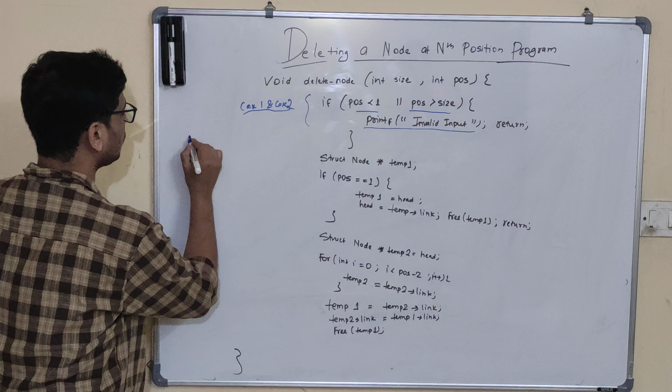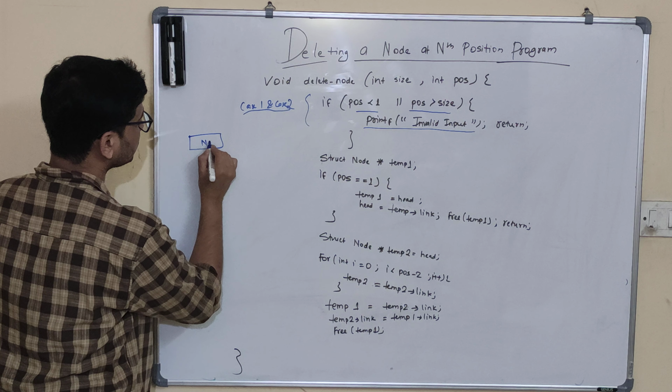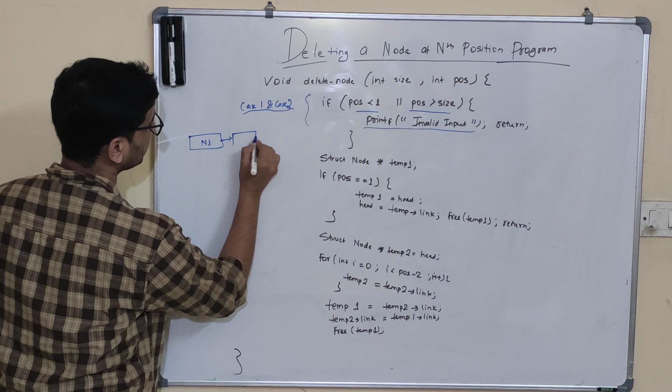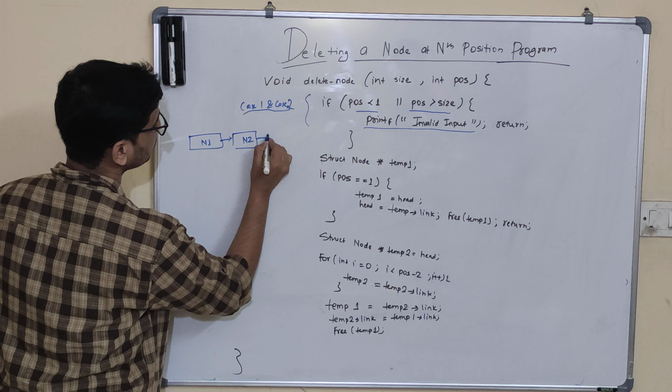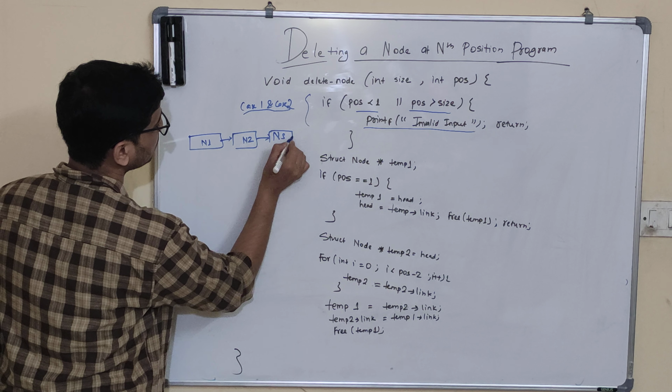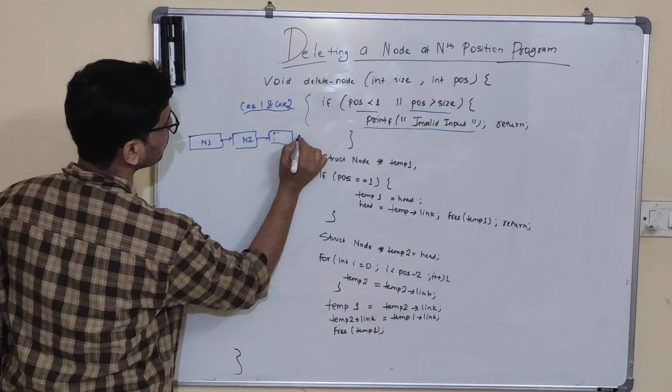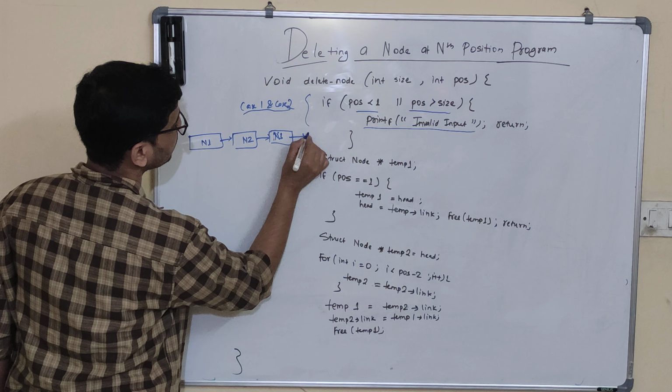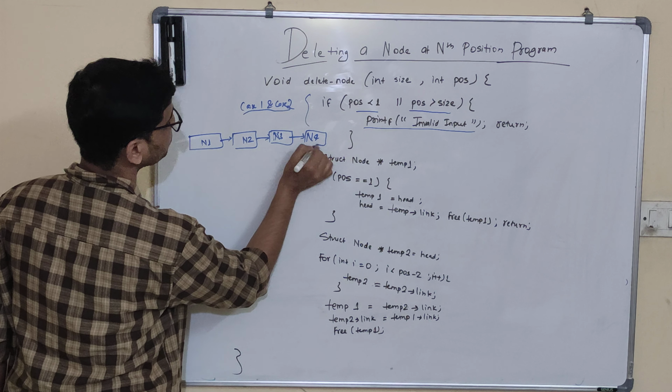Now let's make a linked list of 4 nodes: n1, n2, n3 and n4.